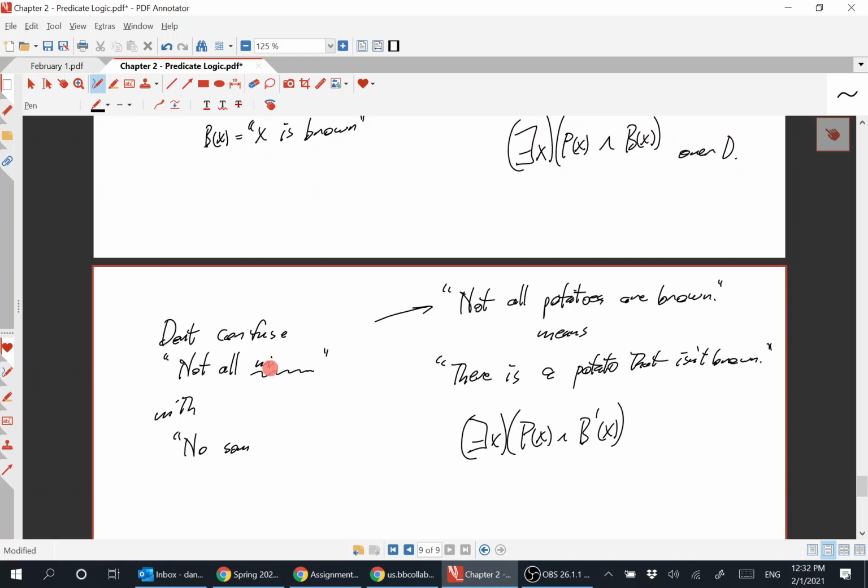Not all widgets is different from no widgets.